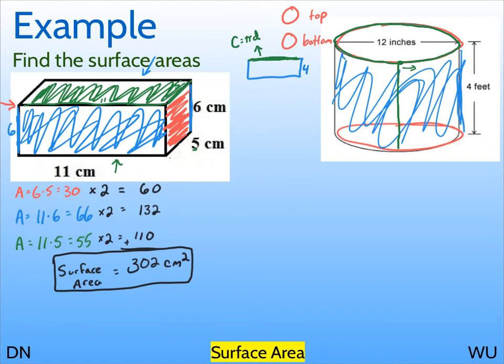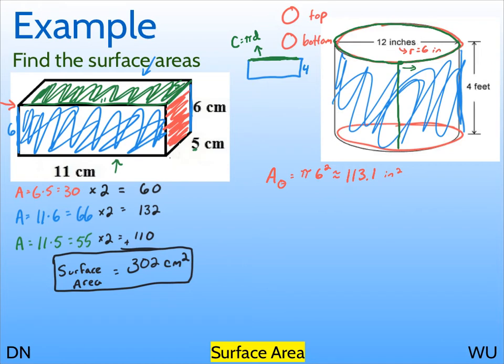So first, let's start with the circles. So the area of the circles is pi r squared, and our radius is not 12 here. Divide that by 2, and we get that the radius is 6 inches. So with that, we have pi times 6 squared, which we can do in the calculator, and we get 113.1 square inches.